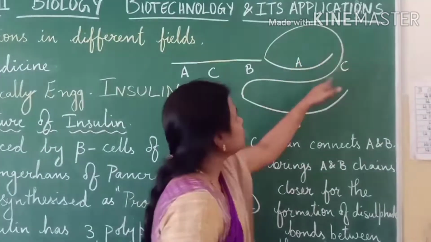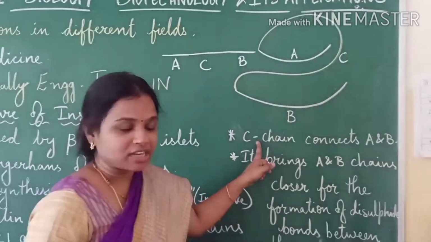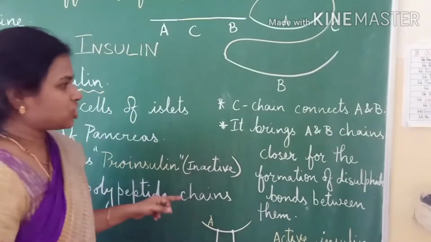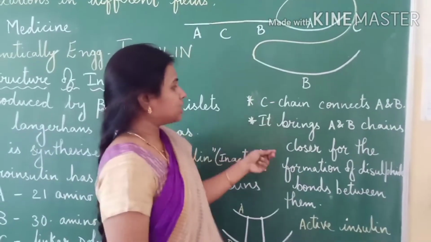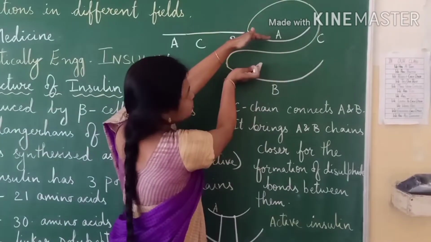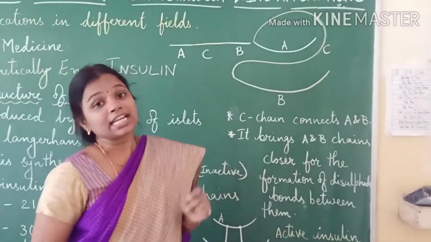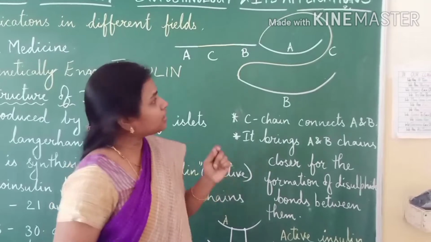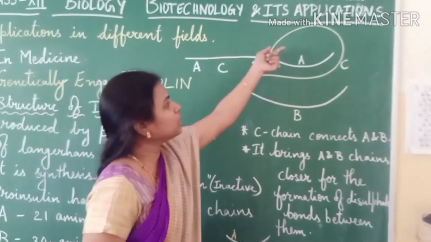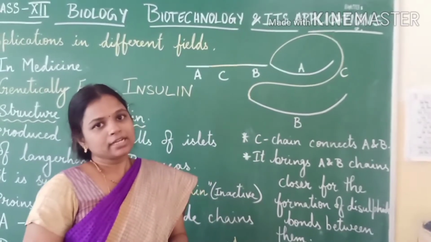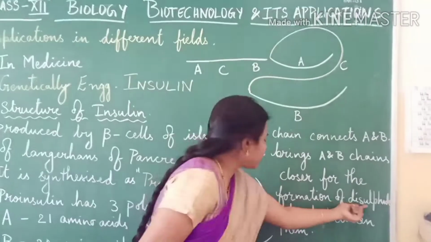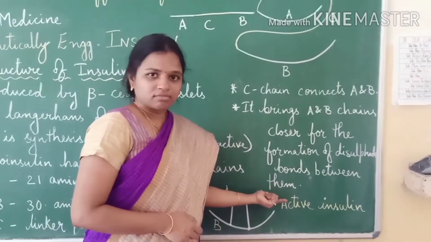Now, this C chain is called a linker chain because it connects both A and B polypeptide chains. Not only that, it brings both A and B chains closer so that they can form disulfide bonds. There are some sulfur-containing amino acids in both the A and B polypeptide chains. When they come closer, disulfide bonds are formed between them.